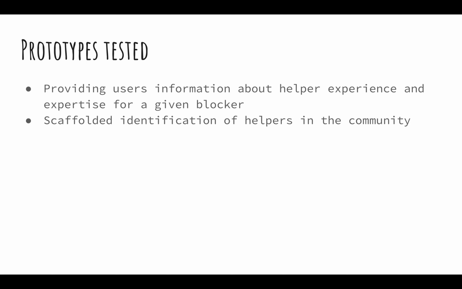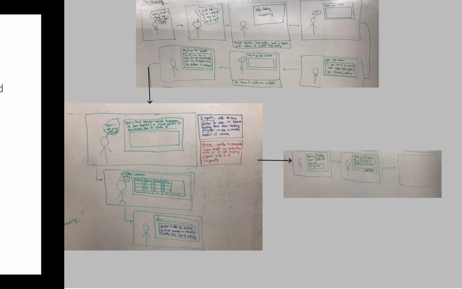Then the second user test was done with only two users, which was to prompt help seeking need identification and help identification, and the help identification was modeled more specifically to the help request compared to the first prototype. So without further ado, I'd like to jump into the prototypes right now.